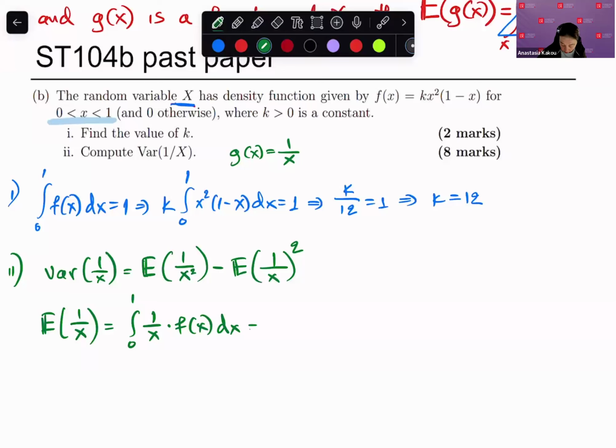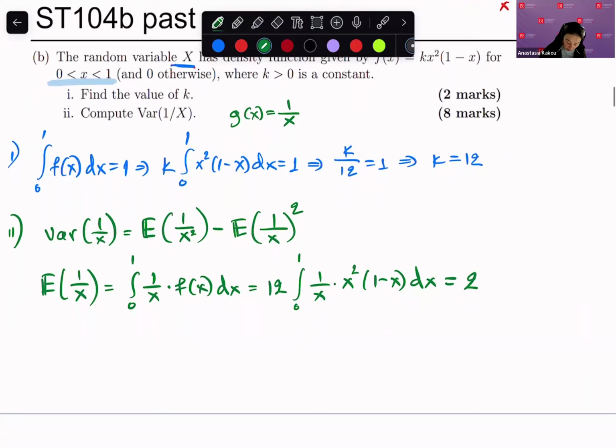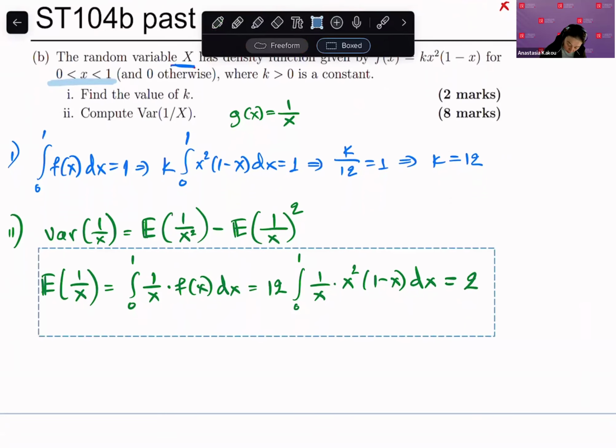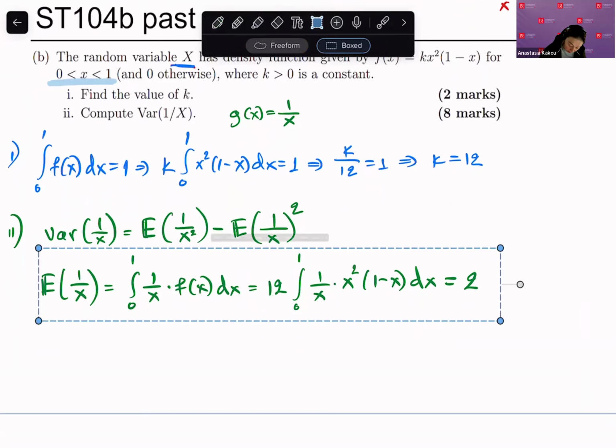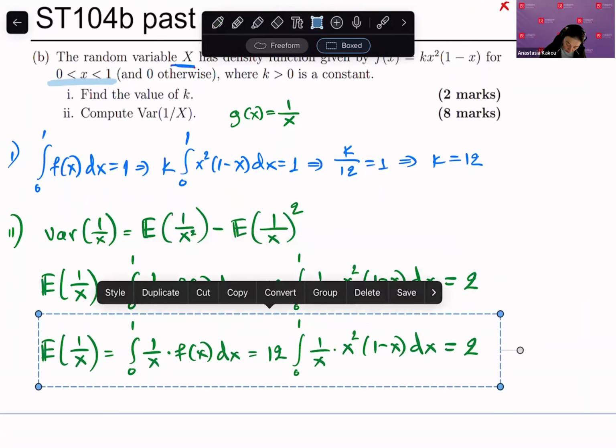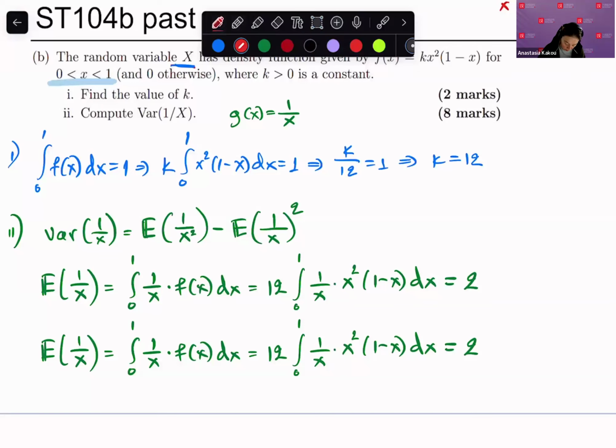We have already calculated k, so we can use that 12 there. The function is 1 over x, the PDF is x squared, 1 minus x, dx, and doing that integration will give you 2. Then likewise, I'm just going to copy paste that and change the terms here.